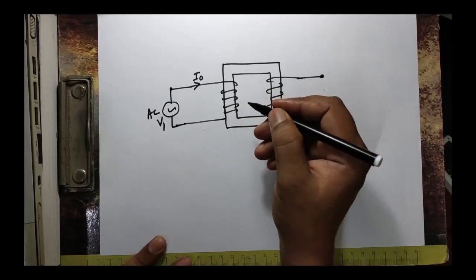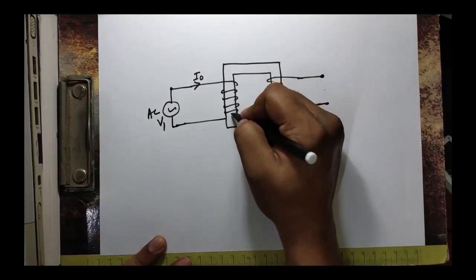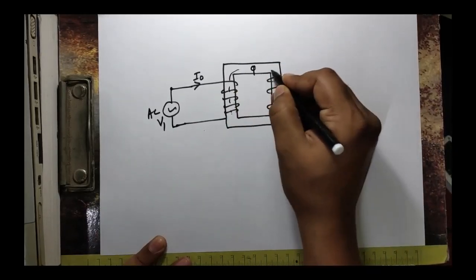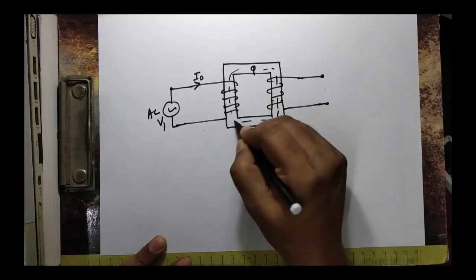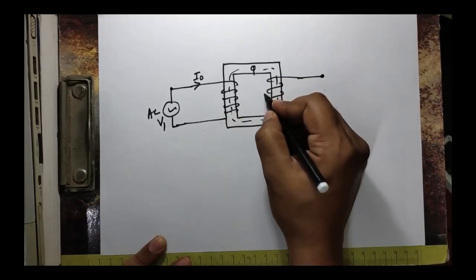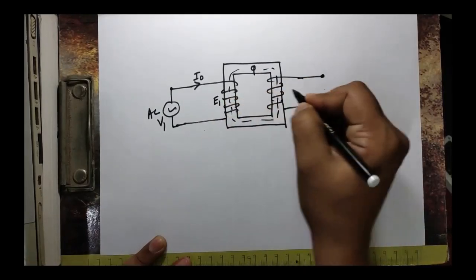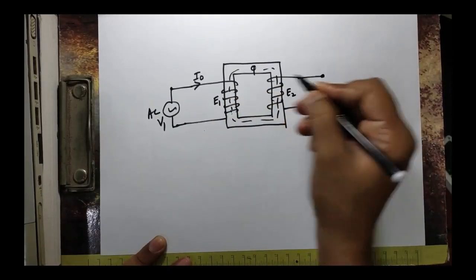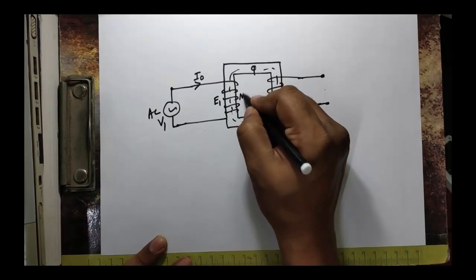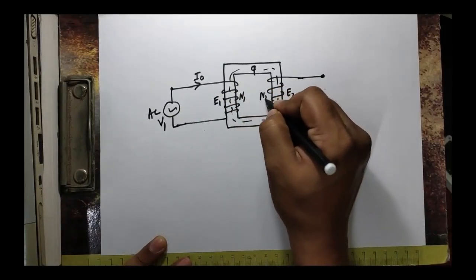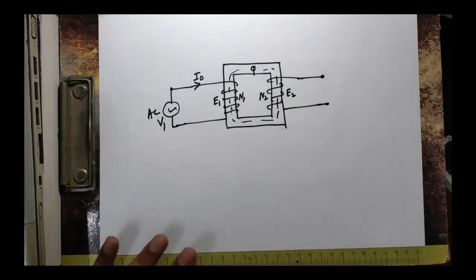Now due to this flux setup, an induced EMF in both the coils is developed, right? Here this is E1, here this is E2, as we discussed. The number of turns is of course N1, this is N2. Okay, fine. Up to this we know.